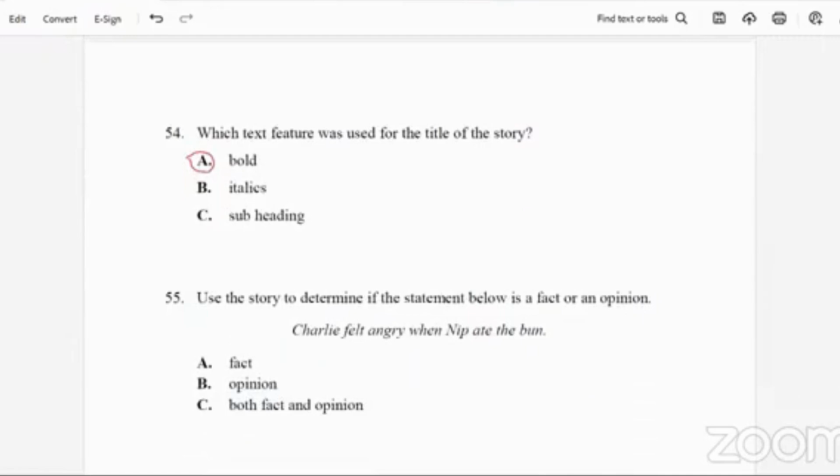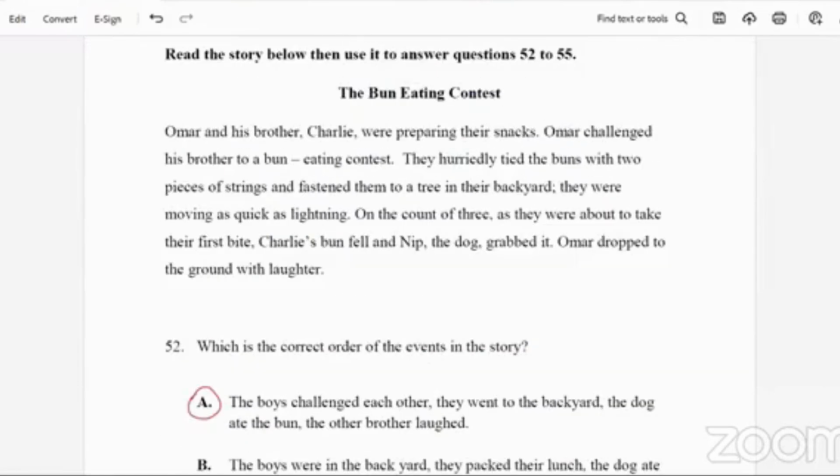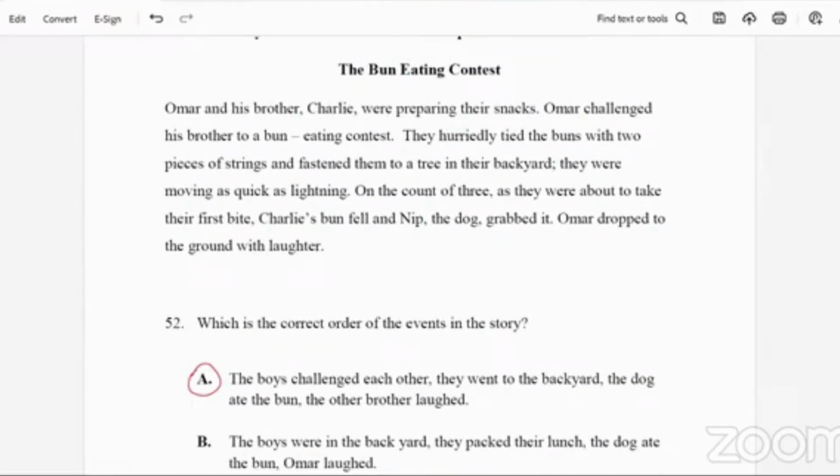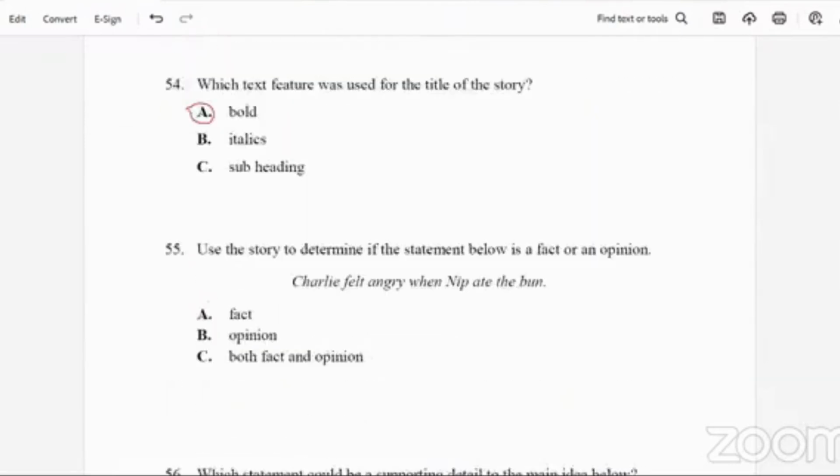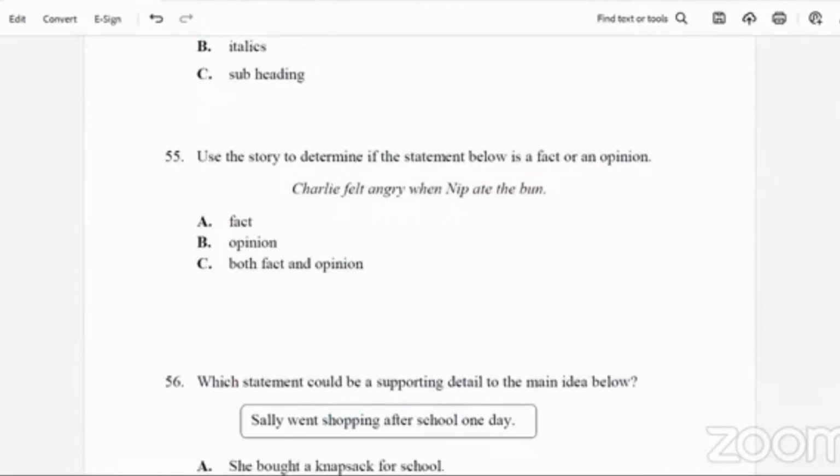All right, 55. Use the story to determine if the statement below is a fact or an opinion. Charlie felt angry when Nip hit the bun. All right, so nothing was mentioned about how Charlie felt when Nip hit the bun. Let's go back to it quickly. All right, his bun fell. The dog grabbed it. Omar dropped to the ground with laughter. There was nothing from the story that told us that Charlie was angry.